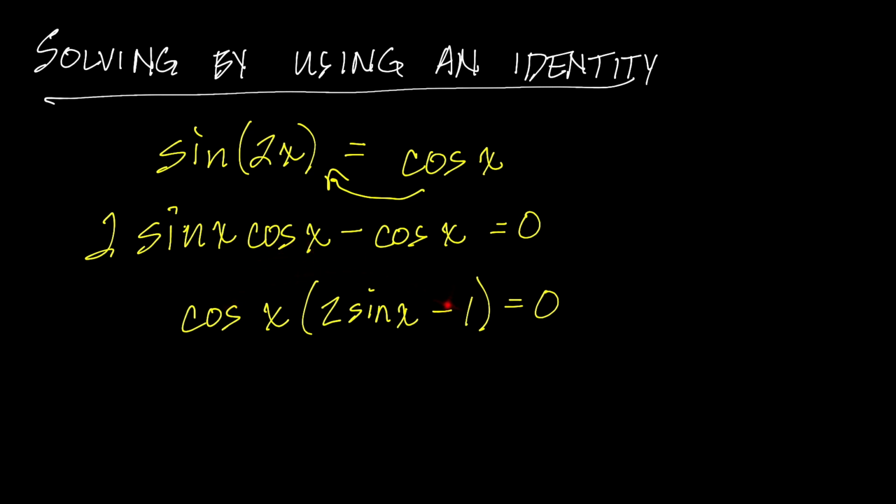And cosine x times minus 1, that was my minus cosine x. So if this times that equals 0, either this equals 0 or that equals 0. So let's set that up. Cosine of x can equal 0, or 2 sine x minus 1 can equal 0.